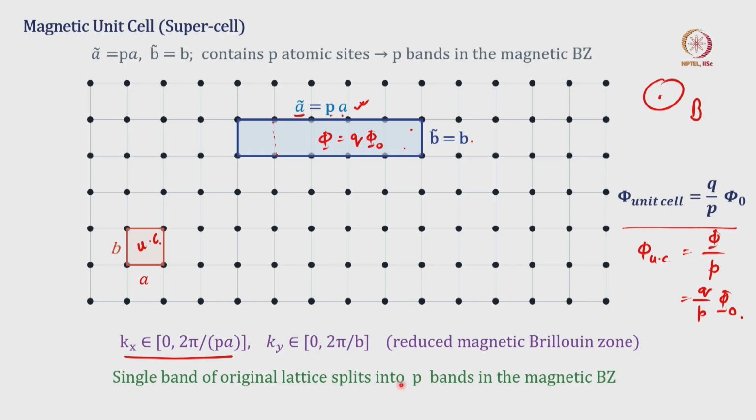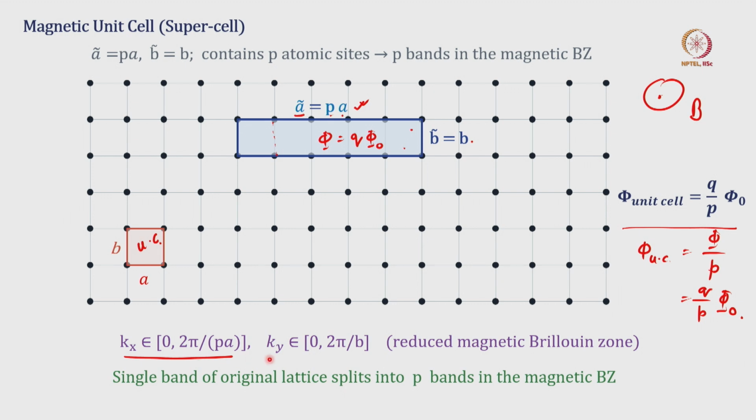And earlier we had one electron per unit cell and one band. So, now we have p electrons or p atoms per unit cell, or p bases per unit cell, and you should also get p bands. This will be very similar to the Kronig-Penney model or the nearly free electron model, in which we fold a parabolic band into a unit cell, and then that opens a gap at the magnetic zone boundary.